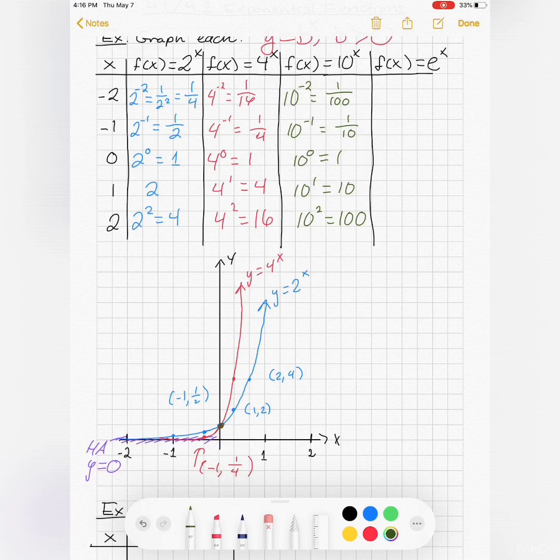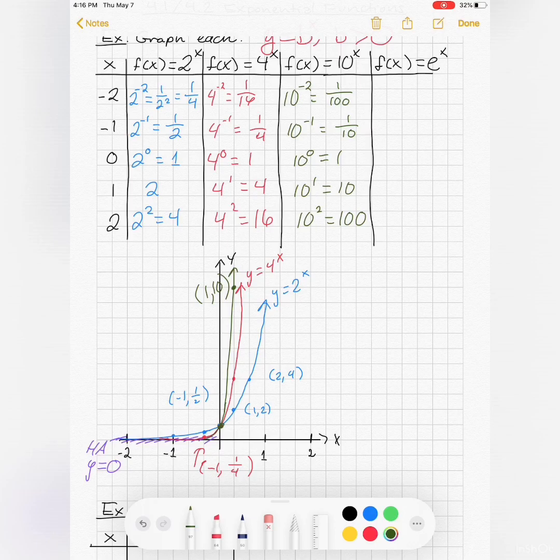I'll have 0, 1 again. I'll have 1, 10. It's going to be way up here. And then -1, 1/10. So try to do a decent job drawing this. It's going to be even more steep.